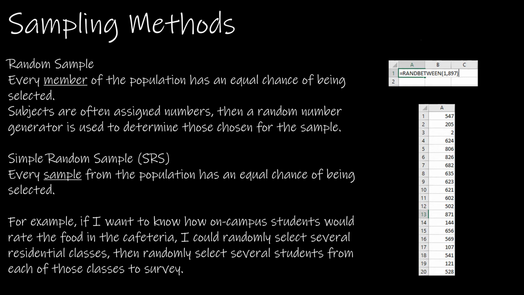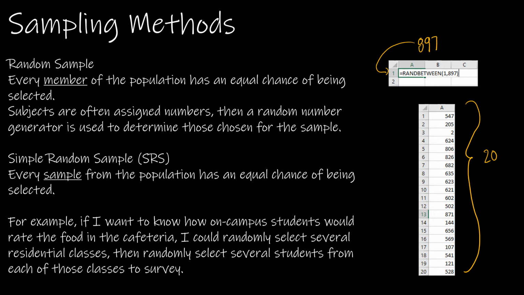If I had a group of 897 in my population and I wanted a sample of 20, notice this is my sample of 20 based on the RANDBETWEEN function 1, 897, that would give me a random number from 1 to 897, and I've pasted that into 20 cells, and so I have 20 random numbers. So that's how that RANDBETWEEN function works, so that should help you on your first project. Super duper easy.